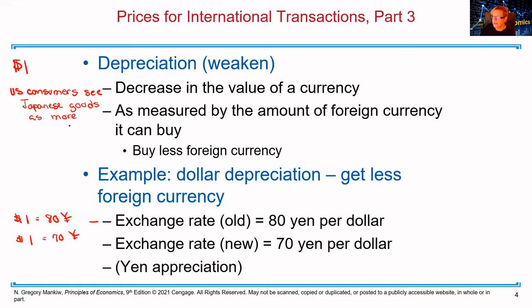And the second thing is, Japanese citizens see US goods as cheaper. Okay. So there's always what's happening domestically and then what's happening in that other country when we see appreciation or depreciation.